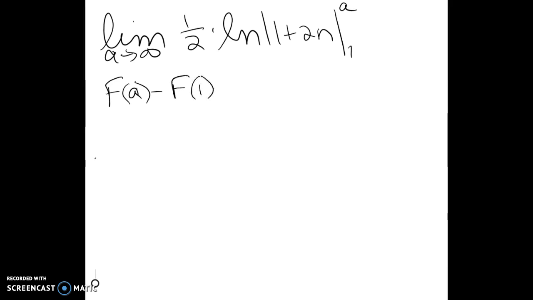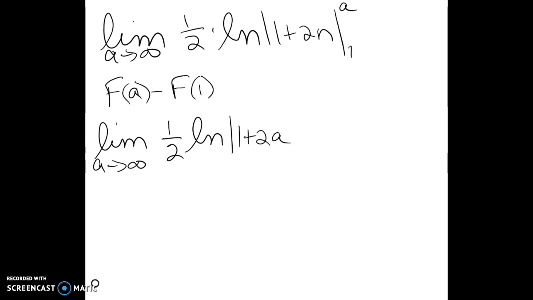So we take the limit as a approaches infinity of 1/2 natural log of 1 plus 2a, and now I'm going to subtract 1/2 natural log, evaluating at 1 plus 2 times 1. Let's clean this up as much as I can.